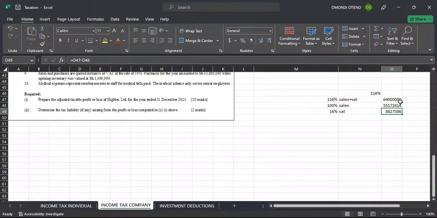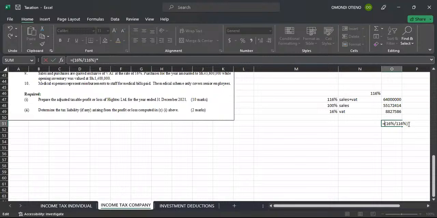Using this long procedure, another person who understands how these rates operate will say, if 116% is 64, how much is 16%? It is now where we are saying, if 116 is 64, 16% will be what? We now took 16%, and we divided by 116%. Close the bracket, then we multiplied by the value given up there, the 116%, which is this.